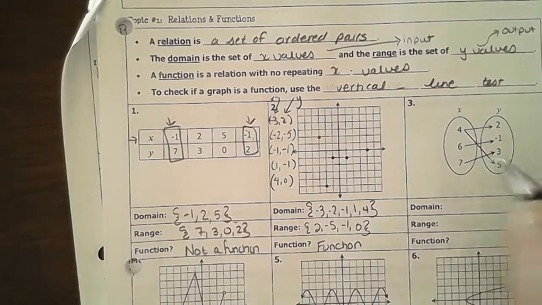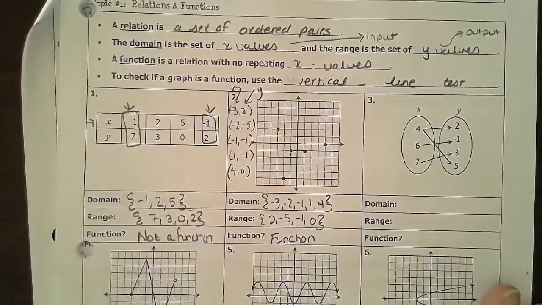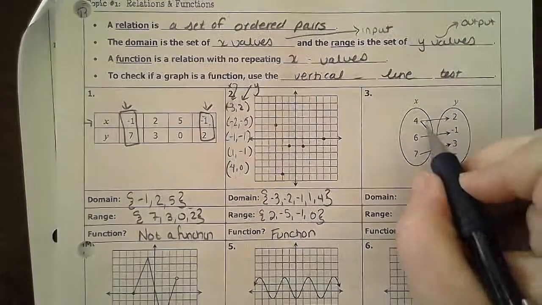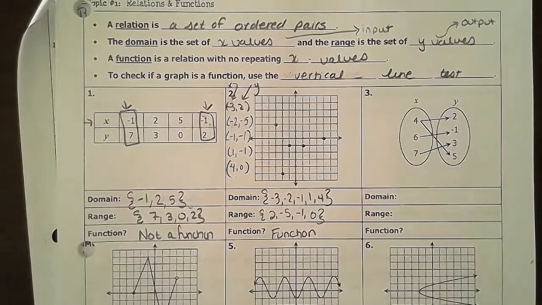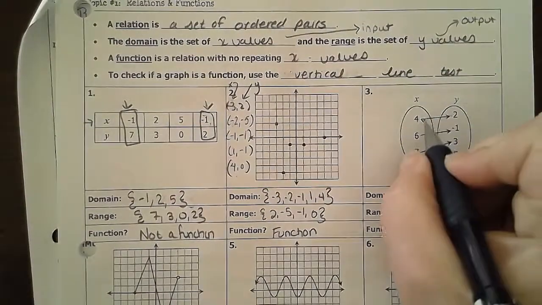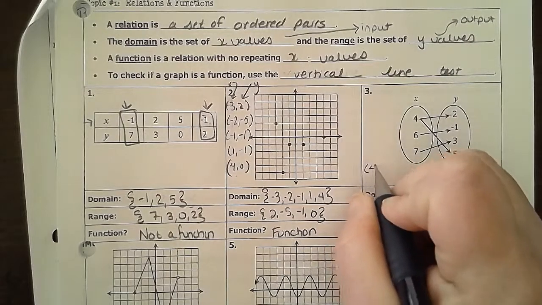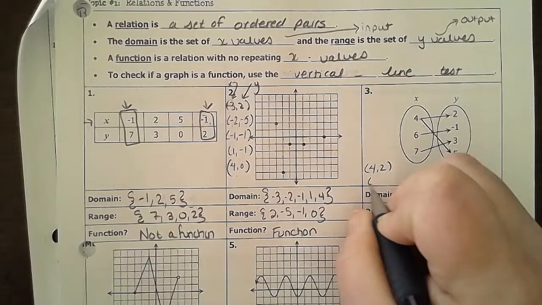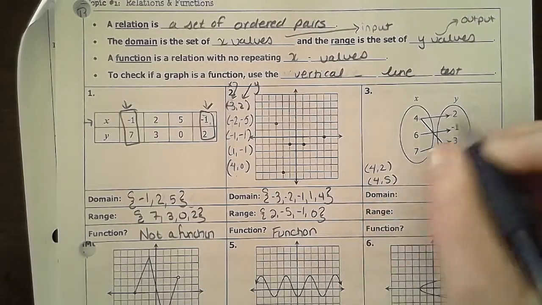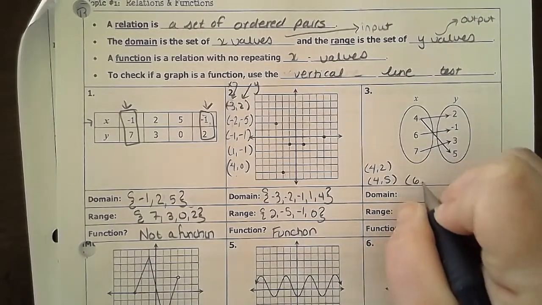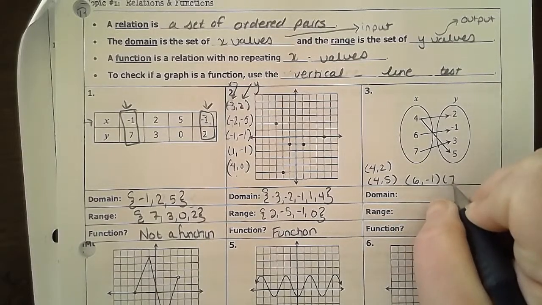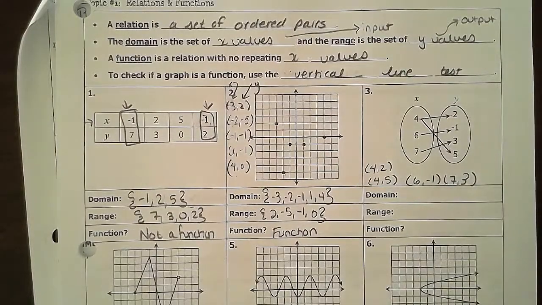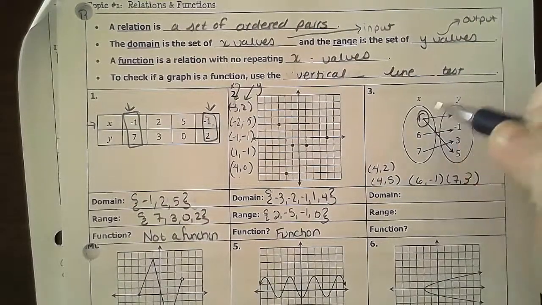Now, when I look at this here, I'm looking at a relation or a Venn diagram. So what I see here is, again, the easiest way to do this is to list them out as points. So this is the point 4, 2, and then 4 also goes to 5. 6 goes to -1, and 7 goes to 3. All right? Now, when I'm looking at this, this is a huge key that this is not a function.